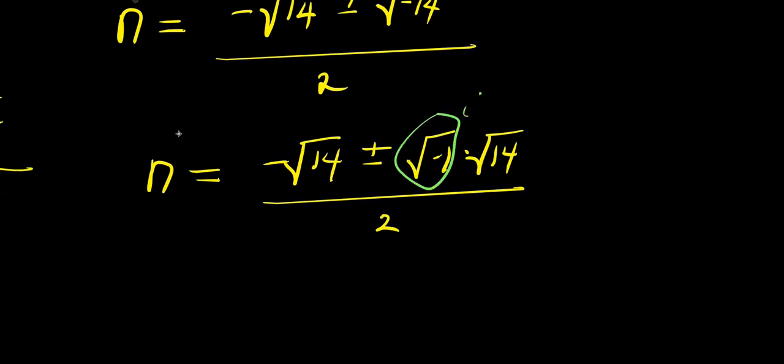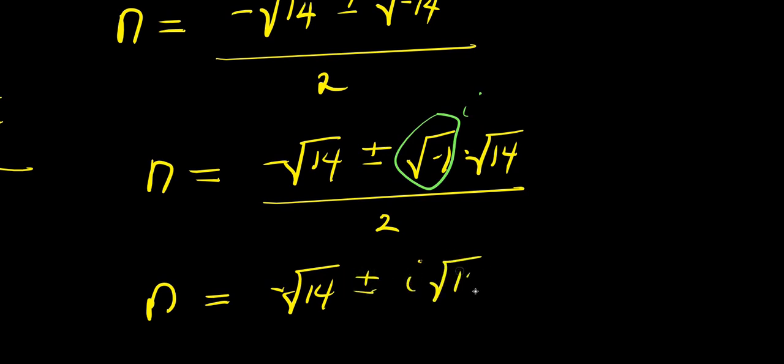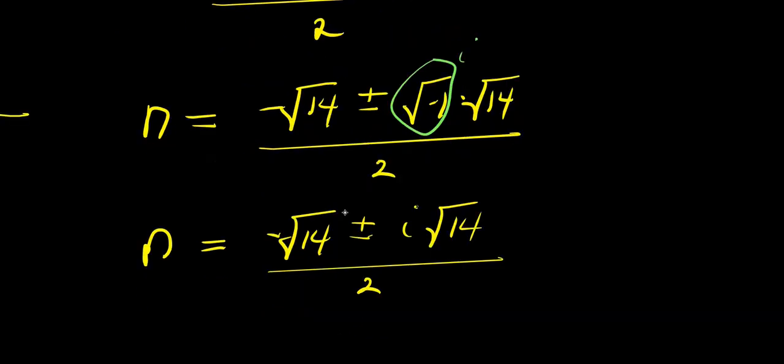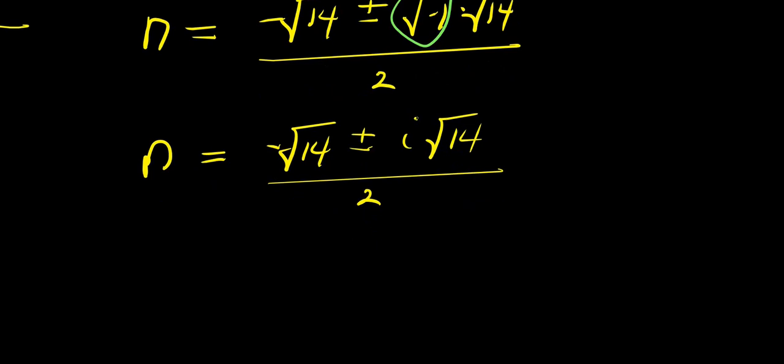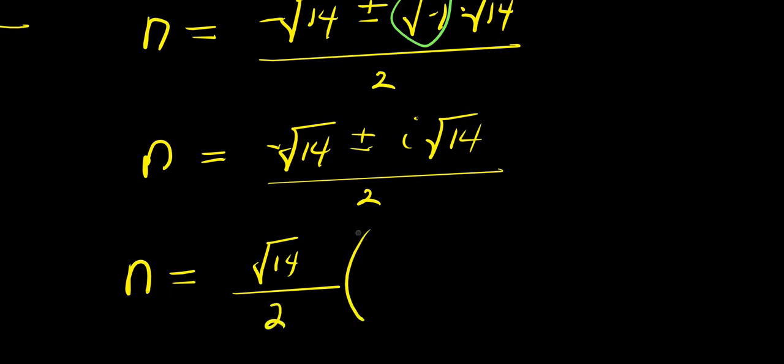So from here we have n equals negative root 14 plus or minus i times root 14, divided by 2. So from here we have n equals root 14 divided by 2 times, this is negative 1 plus or minus i.